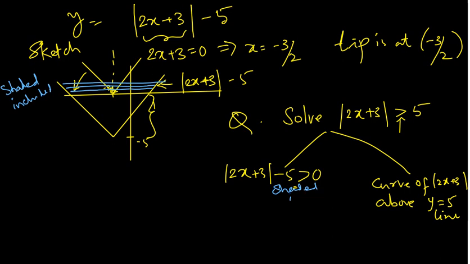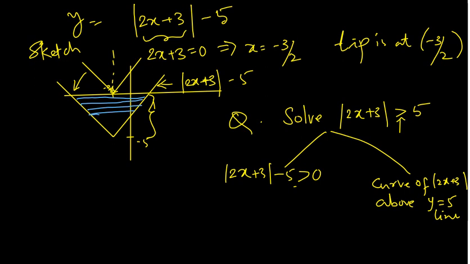Let's go back. Yeah, shaded is not included. We want, then, this is not included, because that's a negative part of it.